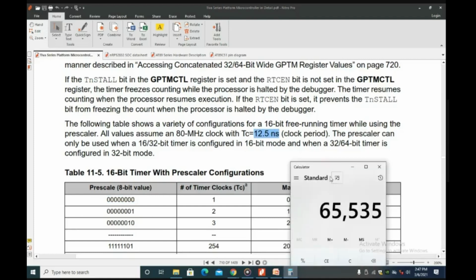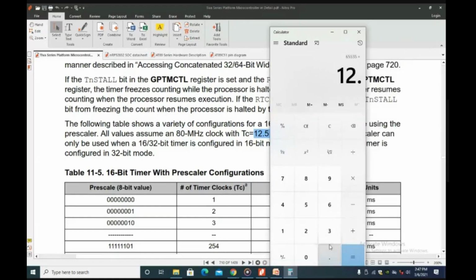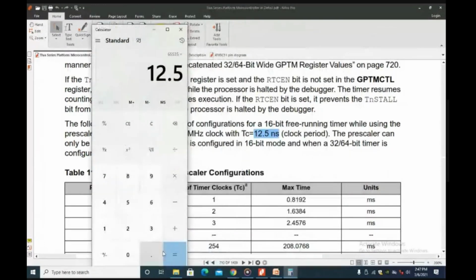Now you see, 65,535 into 12.5 nanosecond, because every count is 12.5 nanosecond as it is an 80 megahertz clock. So totally 65,535 counts, 65,535 into 12.5 nanosecond equals about 819,200 nanoseconds.